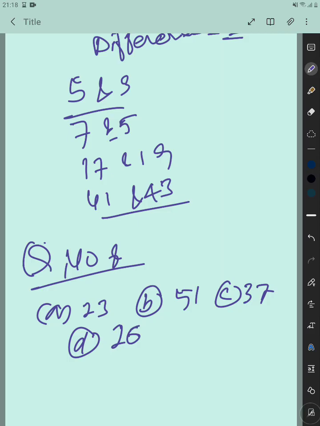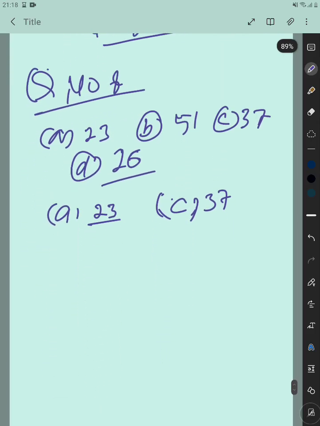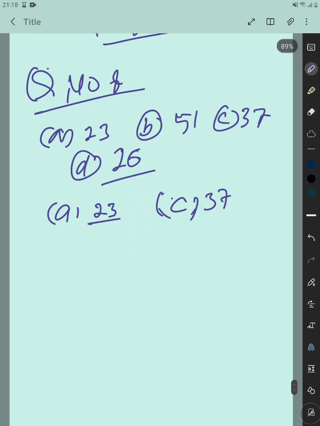Which one is the prime number? A, 23, is a prime number, and C, 37, is a prime number. So you need to write these 2 only, because these are the prime numbers. This is question number 8.